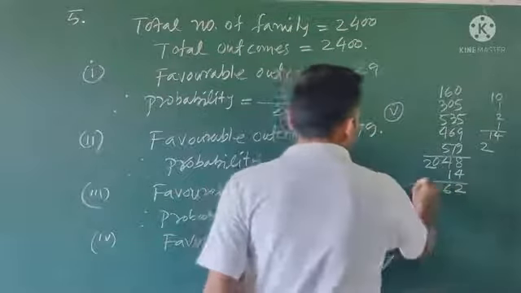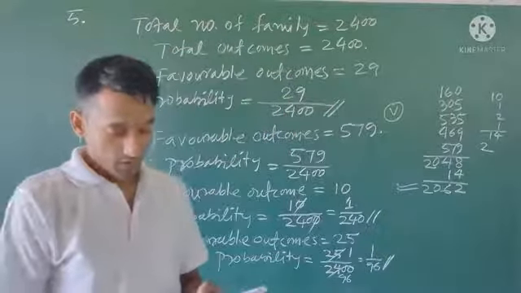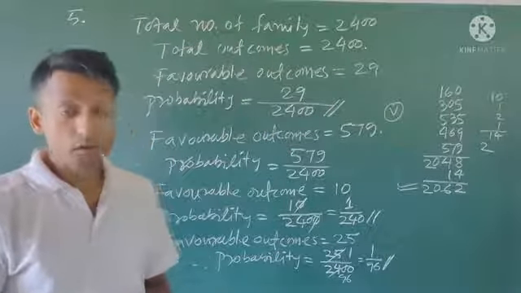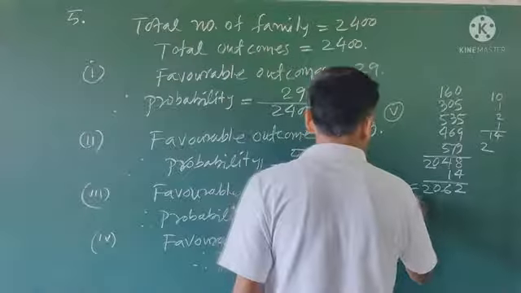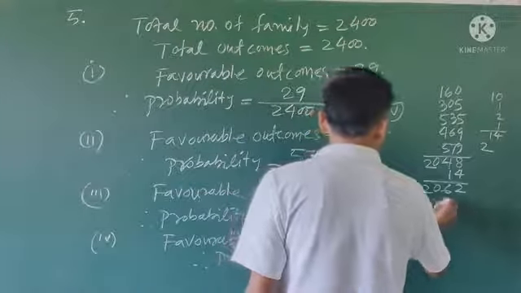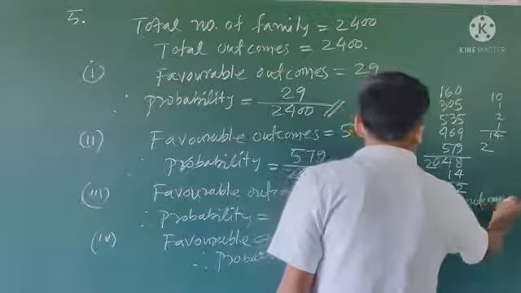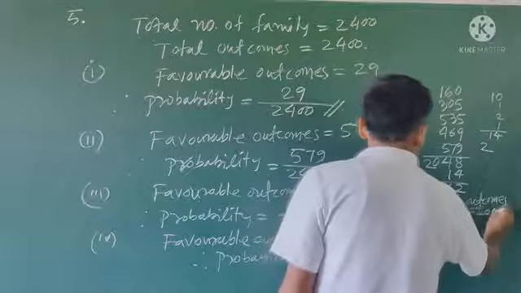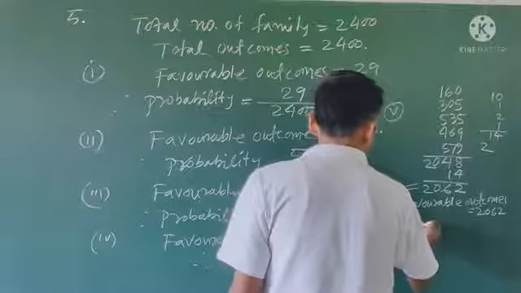So total 2062 families owning not more than one vehicle. Okay, so favorable outcomes are 2062.